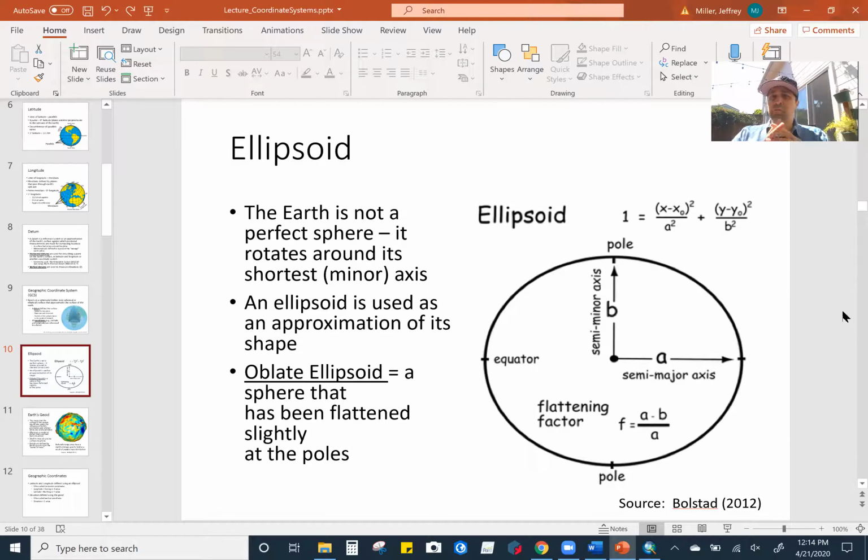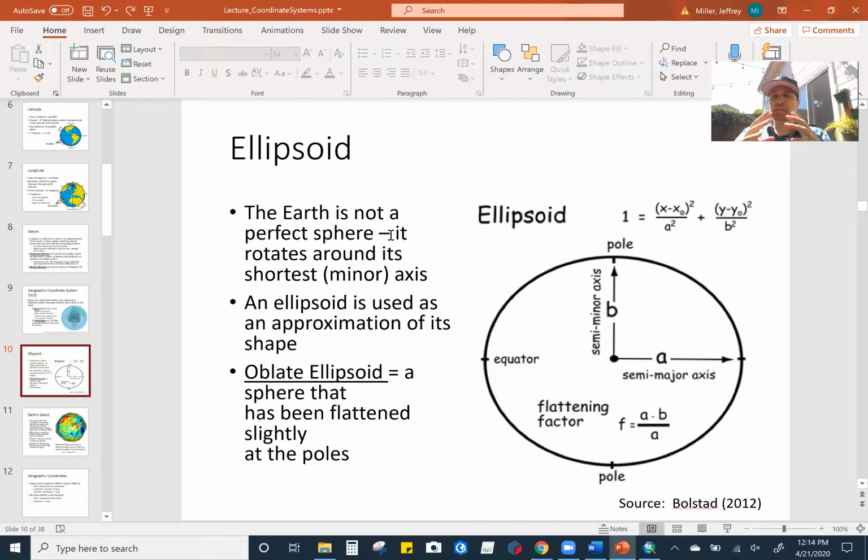When we talk about the actual shape of the Earth, the shape, and when I say shape, I mean in a general sense, like a general conversation, the shape is a sphere. But to be more specific, the actual model of the Earth is not a perfect sphere. It's actually more of an ellipsoidal shape, or an ellipsoid shape.